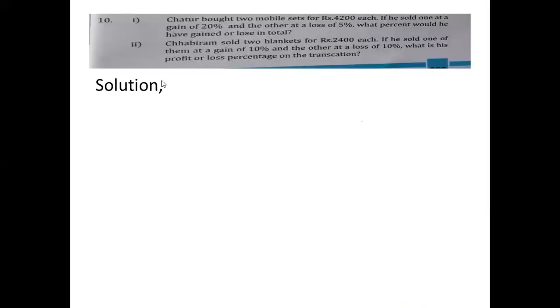Chabiram sold 2 blankets. Total SP: 2 blankets were sold, so 2 SPs are there. 2,400 plus 2,400 is 4,800. Good.